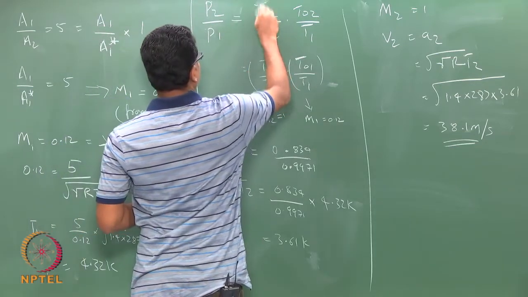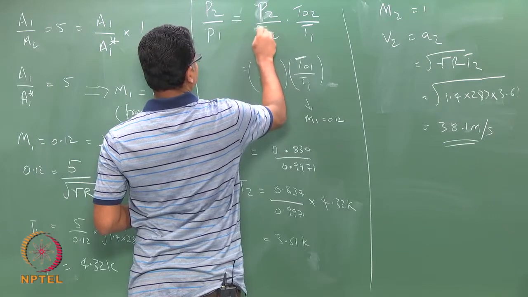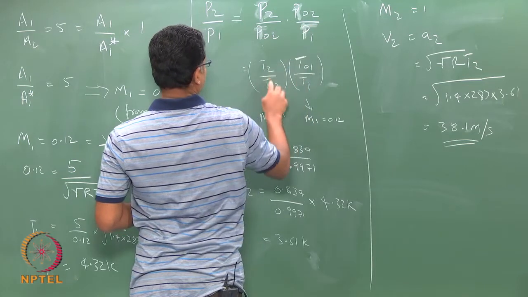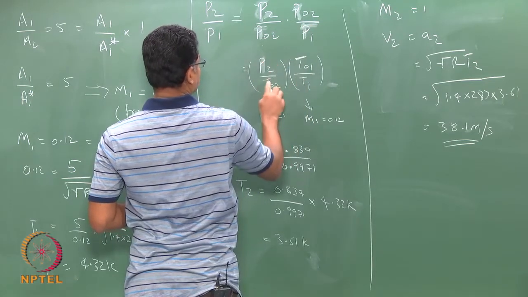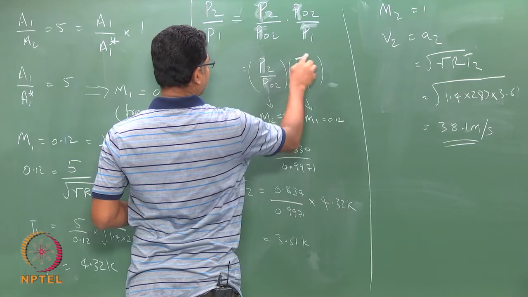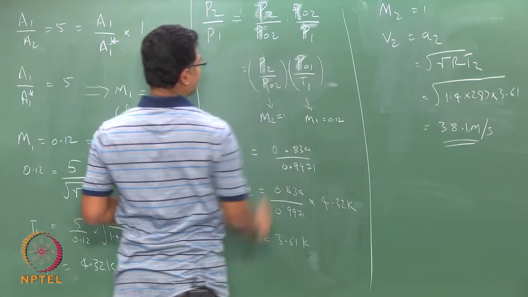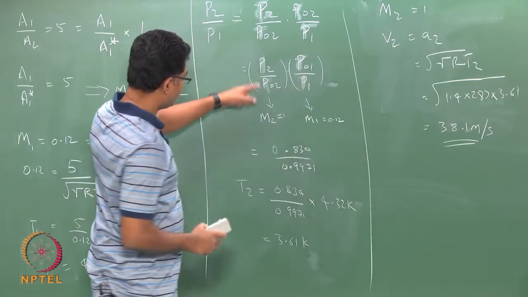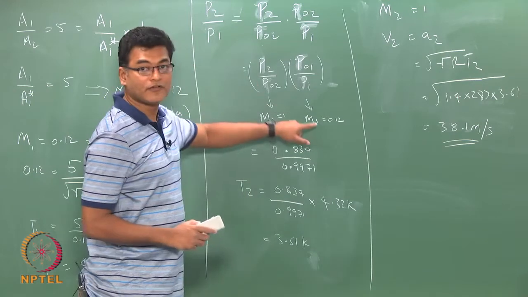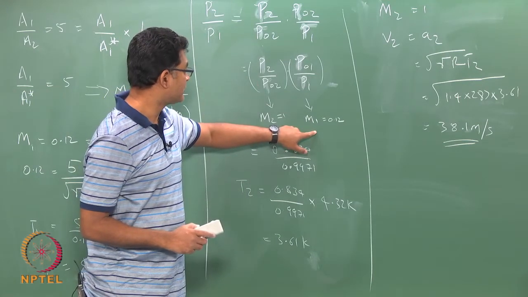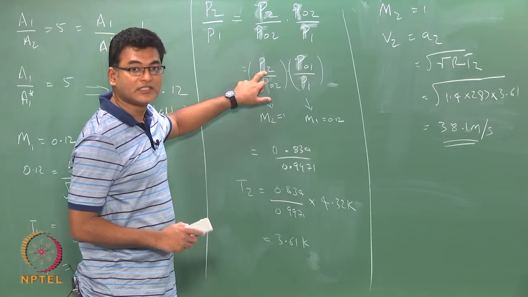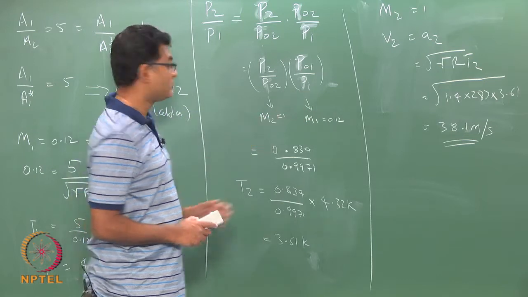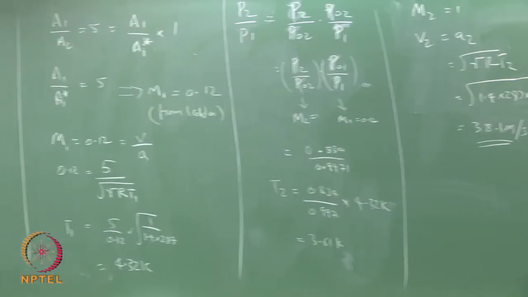So, this is P2 by P02 multiplied by P02 by P1, since P02 is same as P01, I replace P02 by P01 by P1. So, I should get this value from m equals 2. Remember, this 2 is at the exit, not the ambient pressure that is happening at the exit. So, P2 is this.